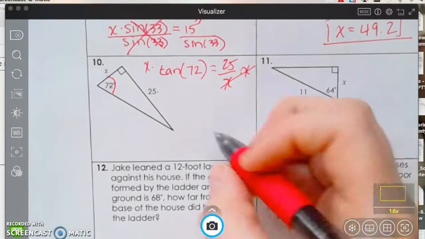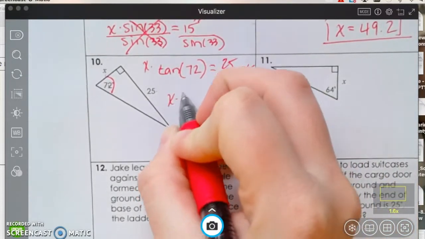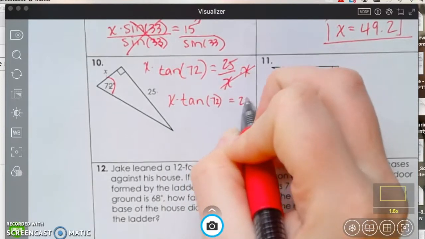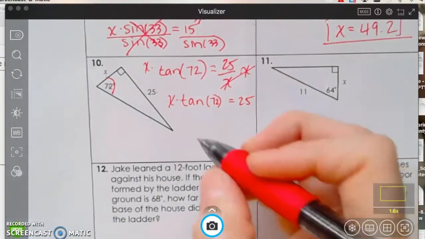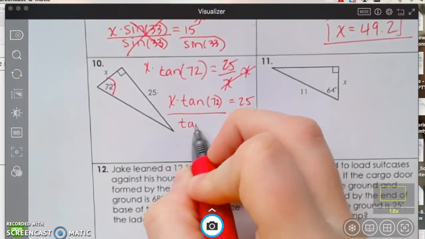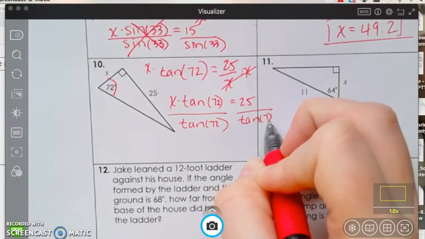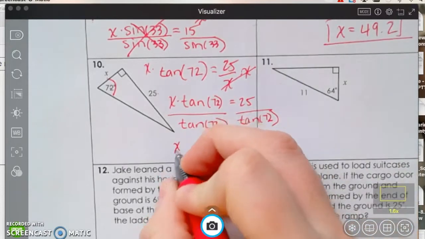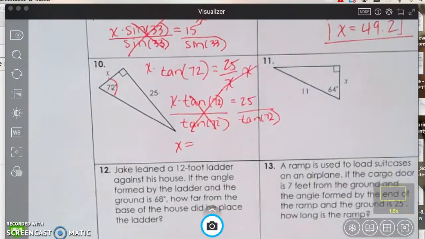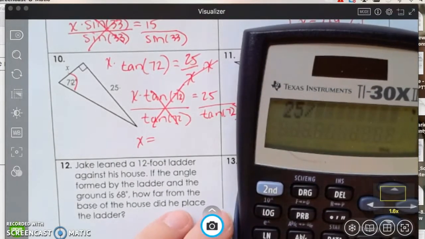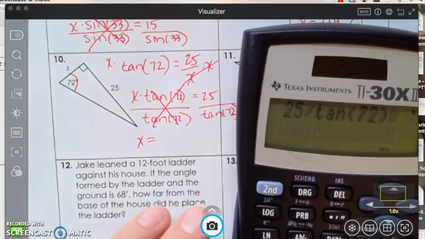So I have x times the tangent of 72 equals 25. Now I'll divide both sides by the tangent of 72. So those cancel. 25 divided by the tangent of 72. 8.1.